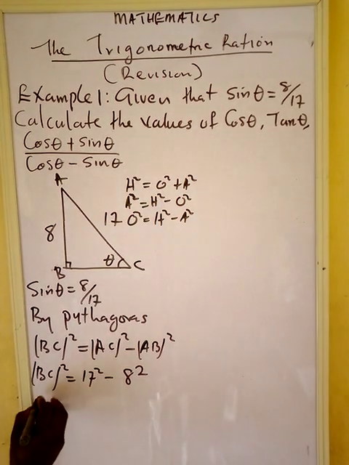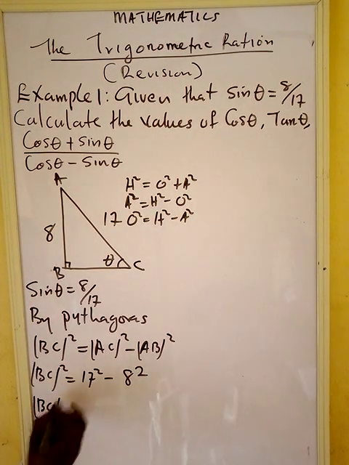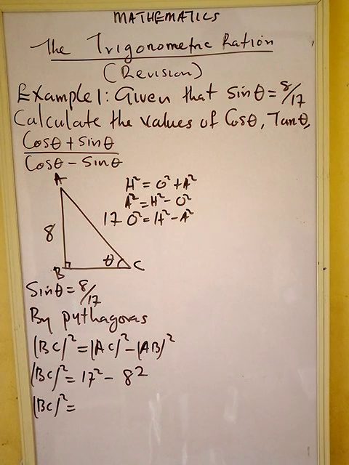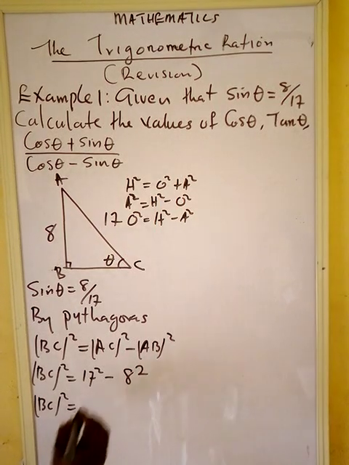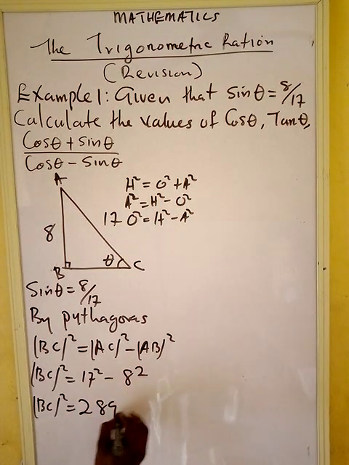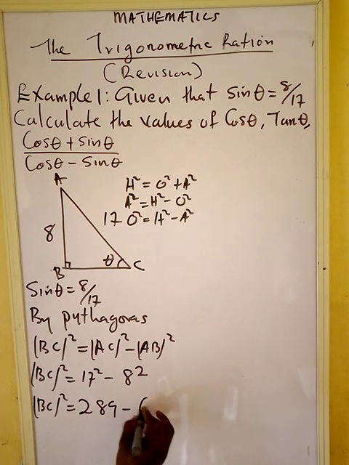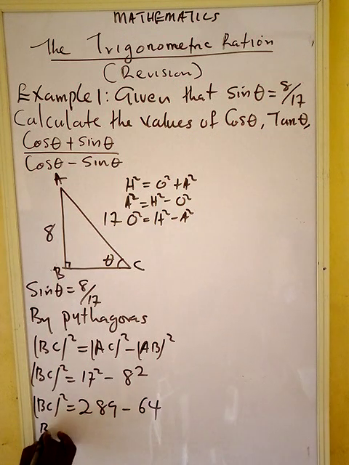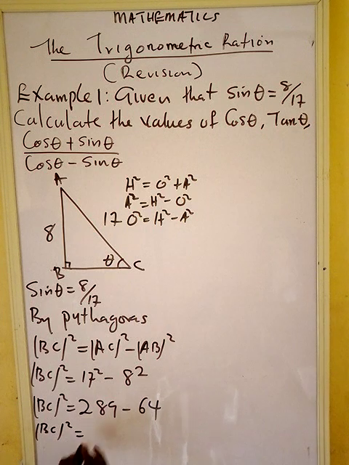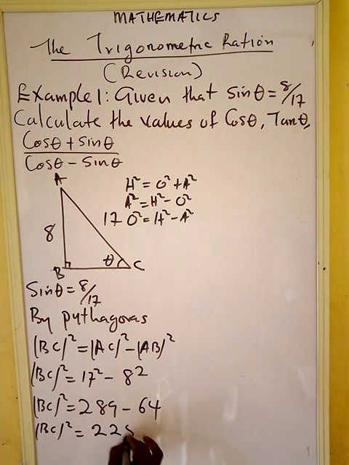Now 17 squared gives us 289, minus 8 squared, which is 64. So BC squared equals 289 minus 64, which gives us 225.